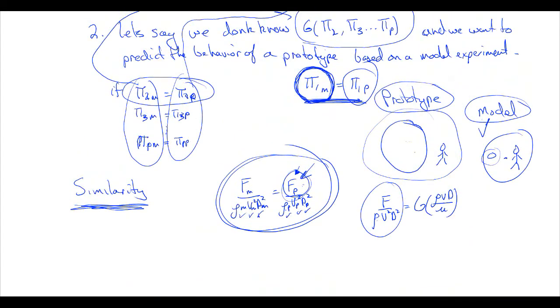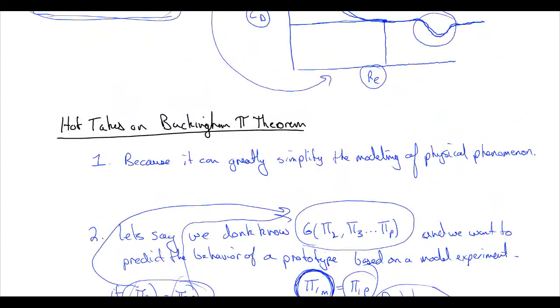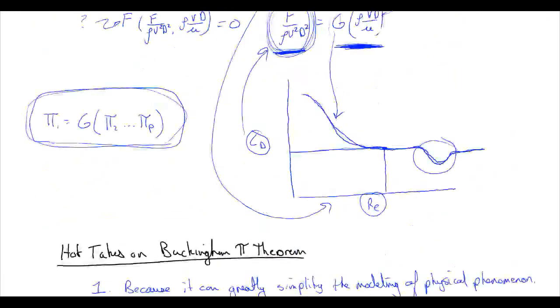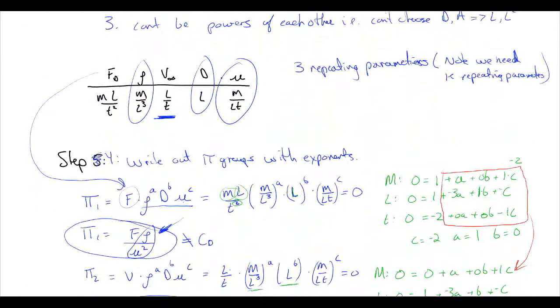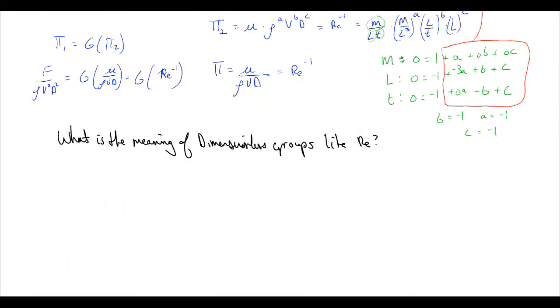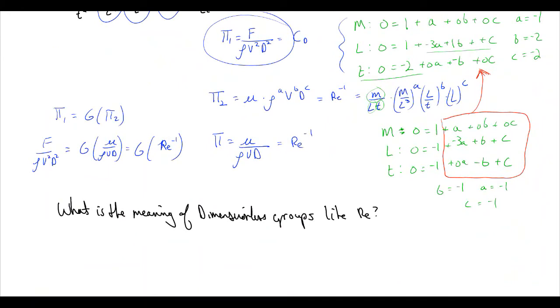Up here we wrote that our drag coefficient is equal to a function of our Reynolds number, but we put our rho v d on top. And the reason we did that is we don't know what this function looks like. This function could be anything. It could even be a boat. So we can add, if we want to, a 1 over to this function, and we can call it something new. You want to call it h? H works.